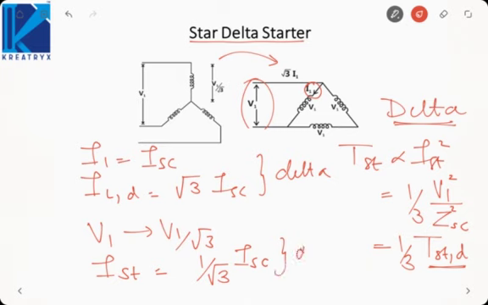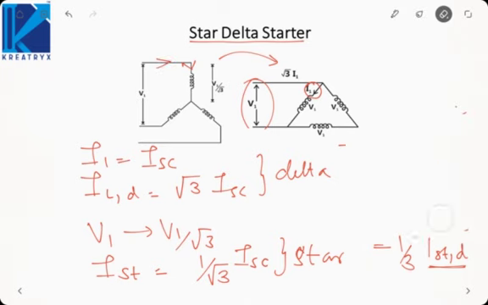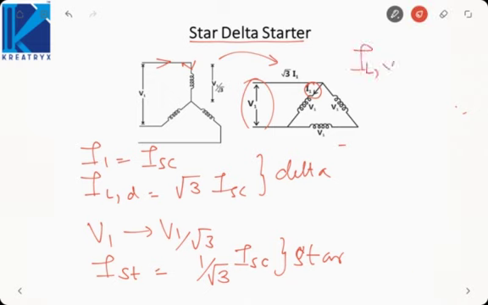That is for star. In star, the line current is the same as the phase current. So if we take the ratio of the line current in star connection to the line current in delta connection, that is IL star upon IL delta. IL star is how much? 1 by root 3 ISC.